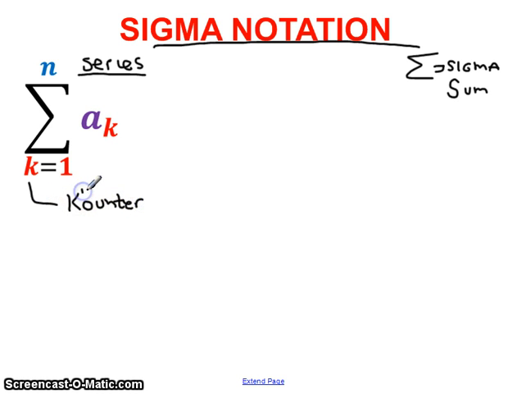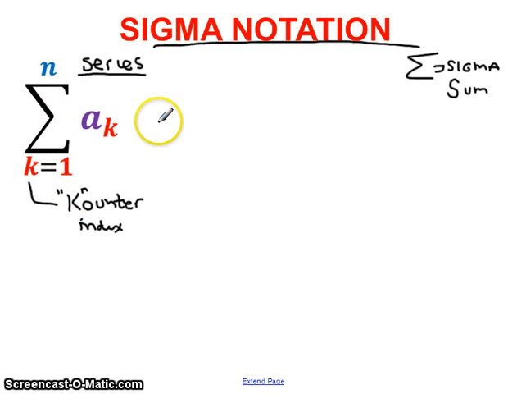Why? Because it's easier to remember if you have something goofy. So K is a counter. The math term for it is index, but I'm not going to worry about that. And the counter does exactly that. It counts from 1, or whatever this number is down here, starting at 1, all the way up to n.